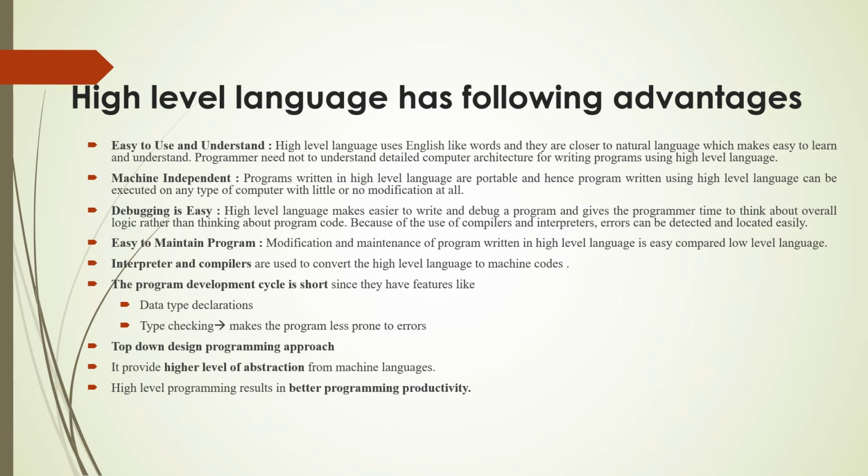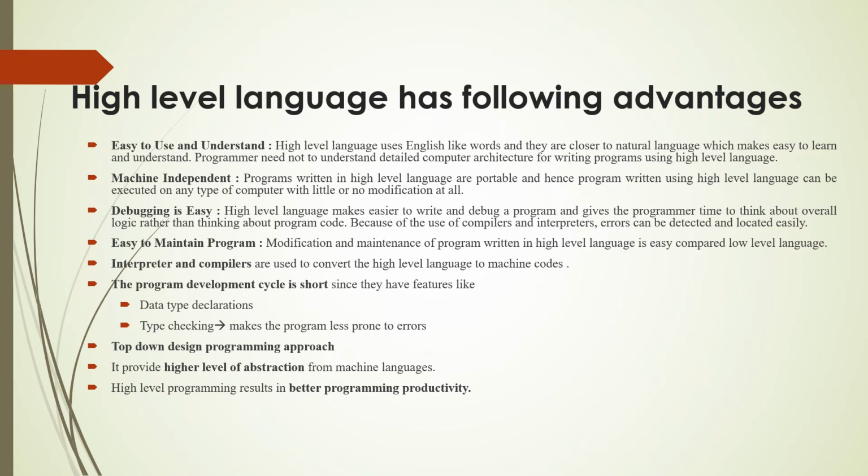If there are any errors, correcting them is also very easy in a high-level language, and it is easy to maintain the program itself. Modification and maintenance of the program is very easy as compared to a low-level language. Here, interpreters and compilers are used to convert the high-level language to machine language or machine codes.